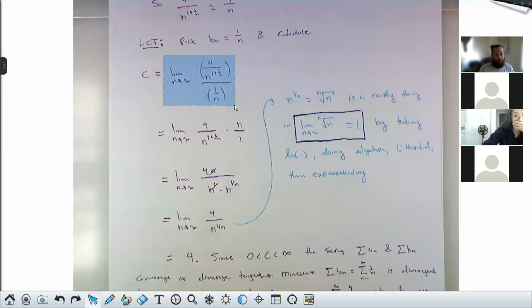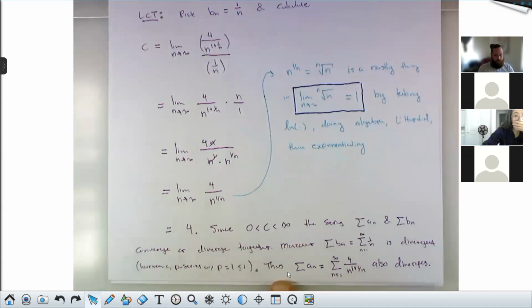If this limit comes out positive and finite, then the two series do the same thing. So that limit came out to 4. So since that limit is positive and finite, the series sigma an and sigma bn, my series and the series we're comparing to, do the same thing. They converge or diverge together.